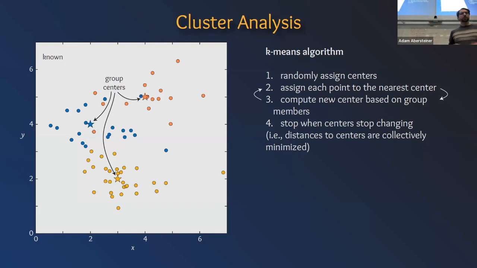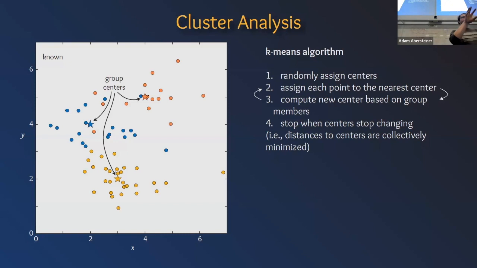Okay. So the way you do it is you randomly assign a set of clusters. After you randomly assign a set of clusters, the next thing to do is assign each point in that cloud to the nearest center. And then you compute the distance from every point to that center.